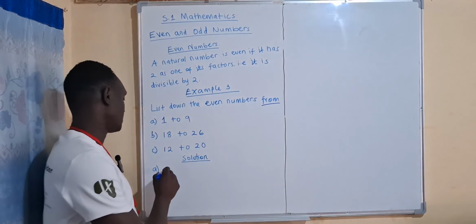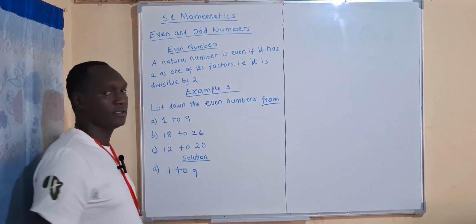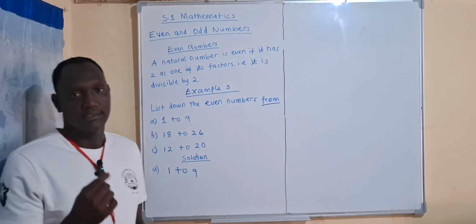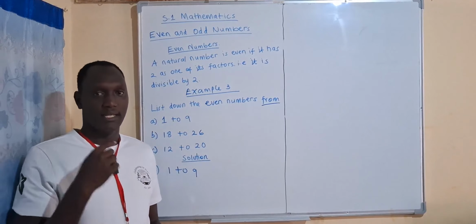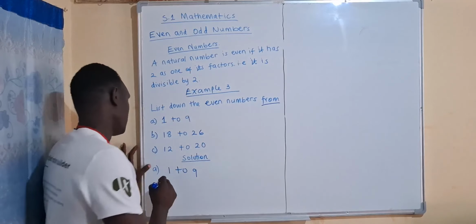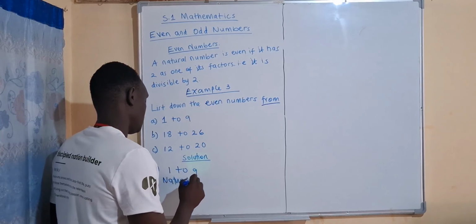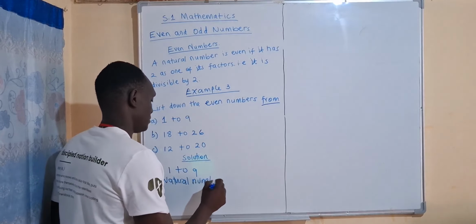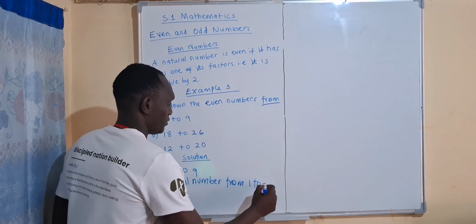So for part A, it is saying from 1 to 9. So let us first list the natural numbers from 1 to 9, and then after that, we'll look for even numbers. So, natural numbers from 1 to 9.